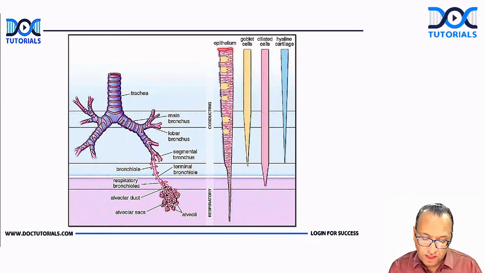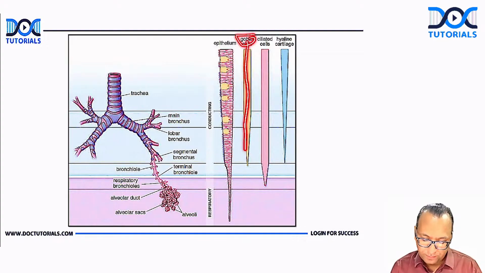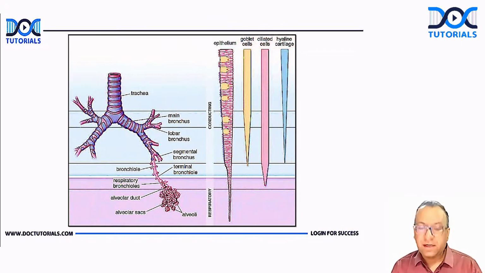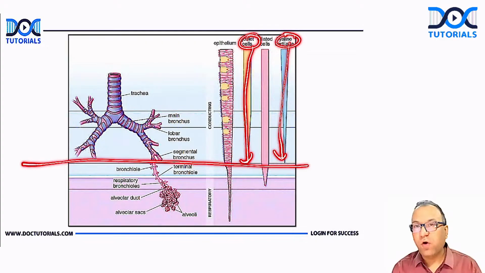You should know the epithelium of trachea and bronchus is pseudostratified ciliated columnar epithelium with goblet cells. But the goblet cell number keeps decreasing. The cilia keep decreasing. We also have hyaline cartilage, but that hyaline cartilage also keeps decreasing. In fact, the hyaline cartilage and the goblet cells are present only till the bronchus level, not at the bronchiole level.